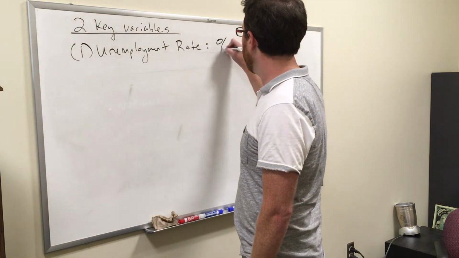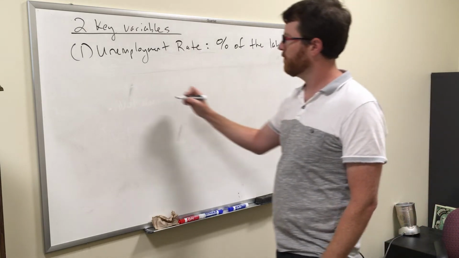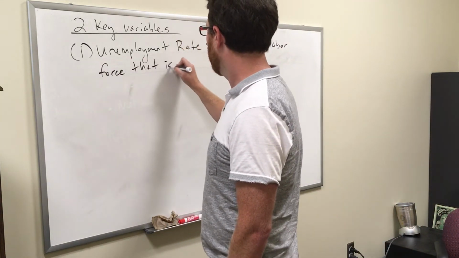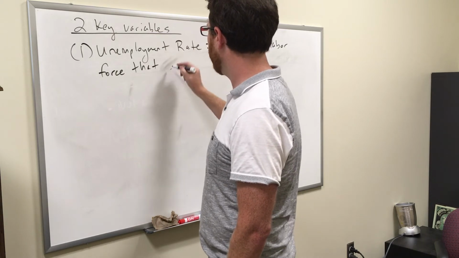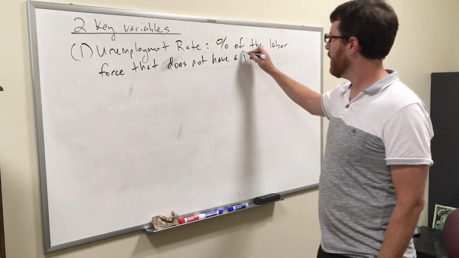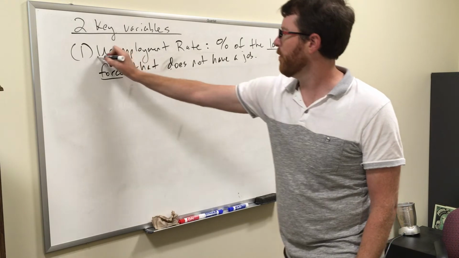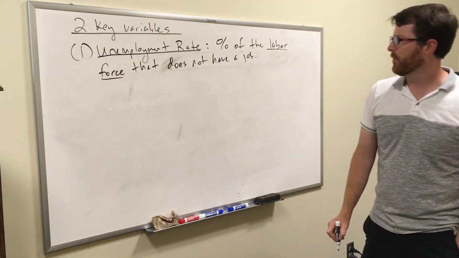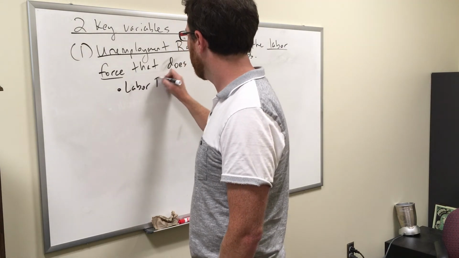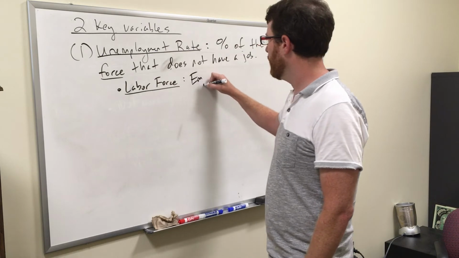This is the percentage of the labor force that does not have a job. Okay, and we've got a term within a term here, labor force. So the unemployment rate is the percentage of the labor force that does not have a job, and the labor force includes people that are employed and unemployed only.